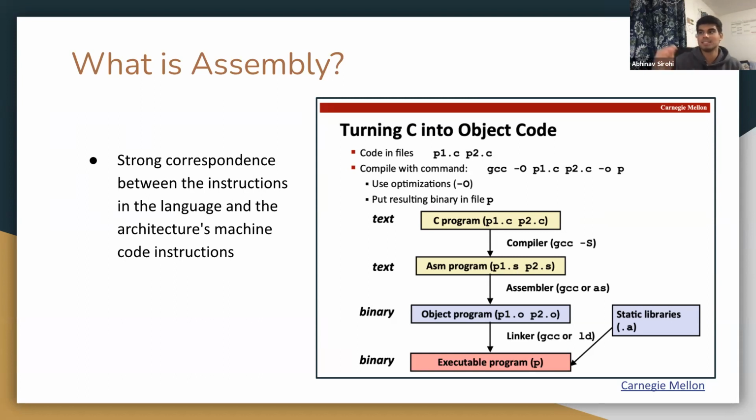When we write a program in C, it goes through this assembly stage where the assembler generates these different commands for exactly what your program does, based on how it actually interacts with the architecture. So there's a strong correspondence between what's actually happening in the computer and what's written in the language, rather than what you'd see in a high level language.